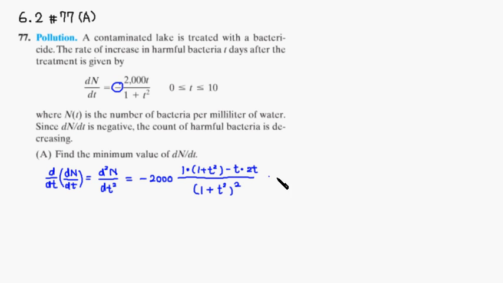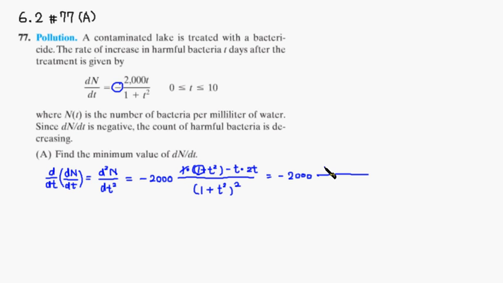Then simplify that. You have a negative 2000 there. Then the 1 times 1 plus t squared really doesn't do anything, so I'm going to just ignore that, and there's a 1 here.